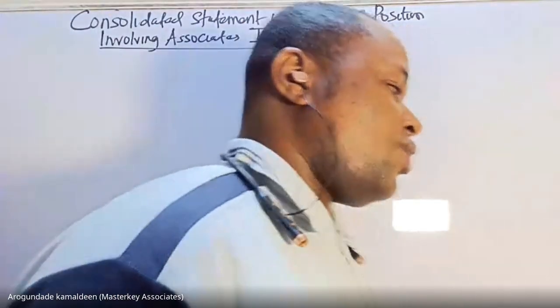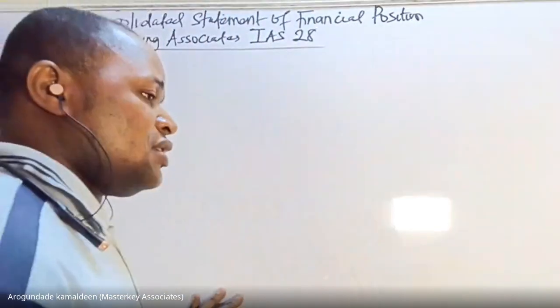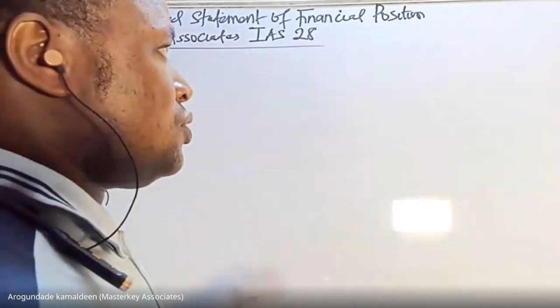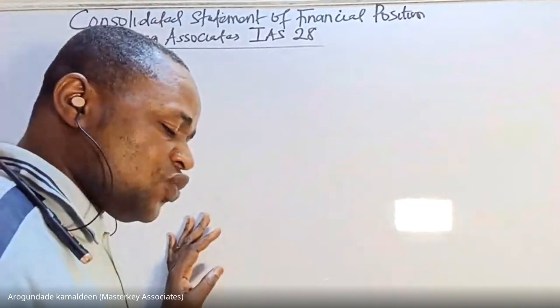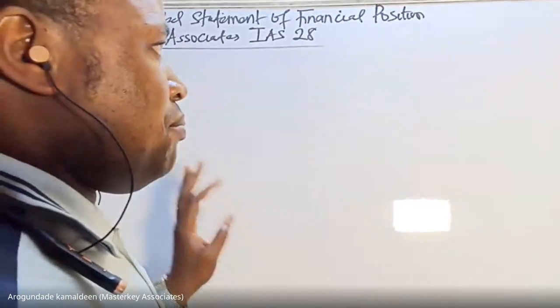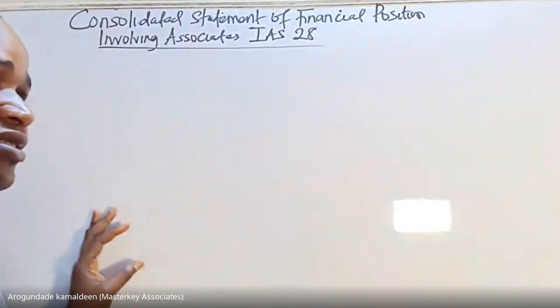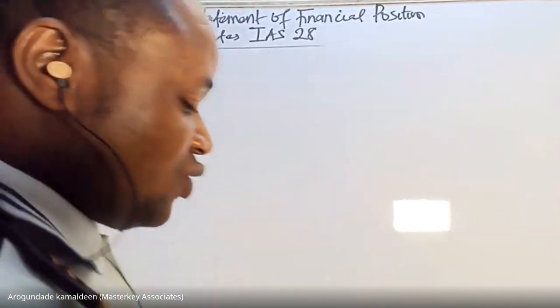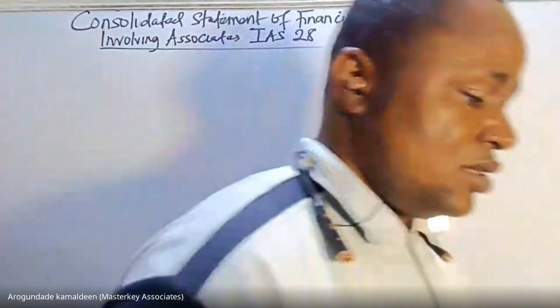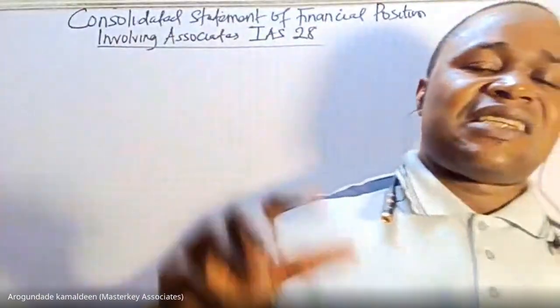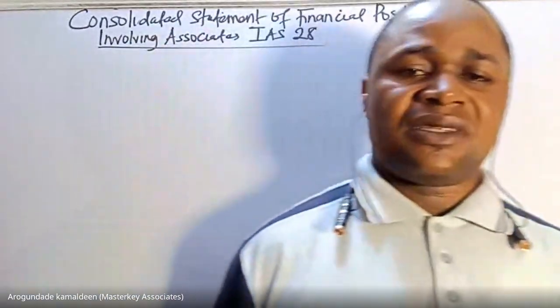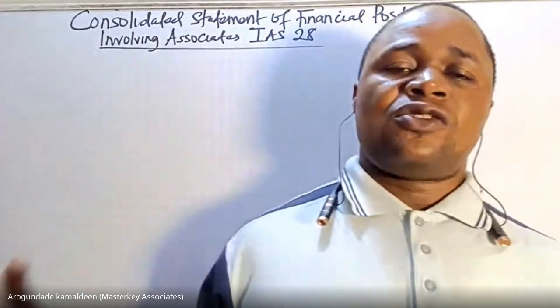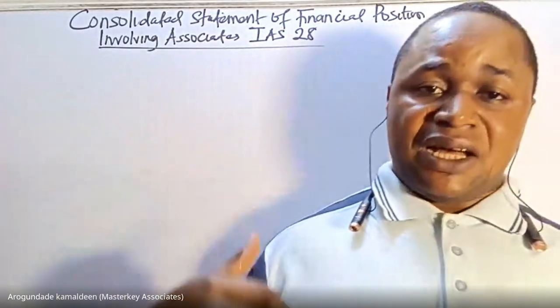We are going to do the balance sheet and the P or L. So far, we have dealt with the group balance sheet, your SOFP, between the parent company and the subsidiary. Whatever you have learned in that class is 100% applicable now.